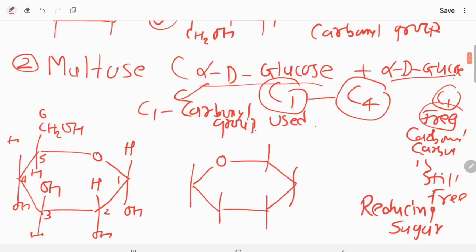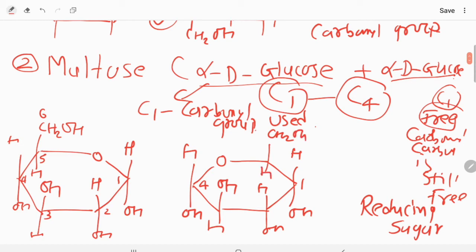This one is carbon number 4, this one is carbon number 1, this one is H, here it's OH, here it's H, here it's OH, OH, H, here OH, and there will be H, and CH2OH and H.